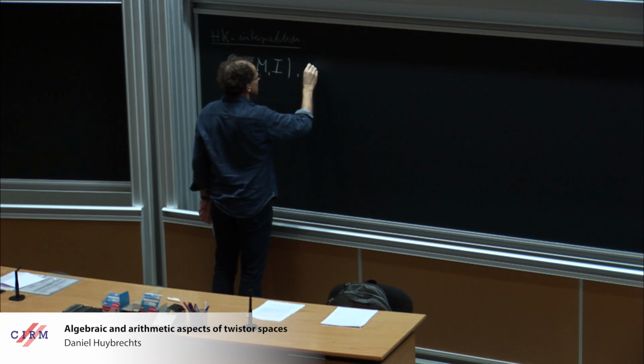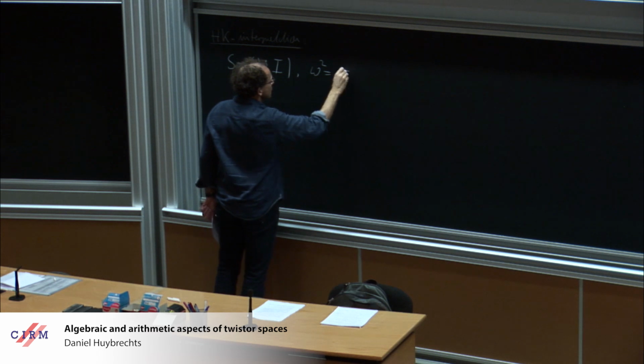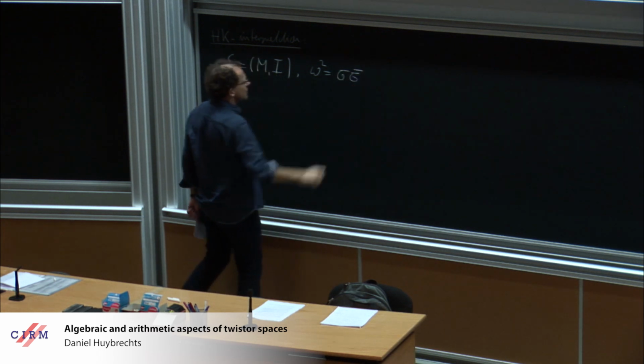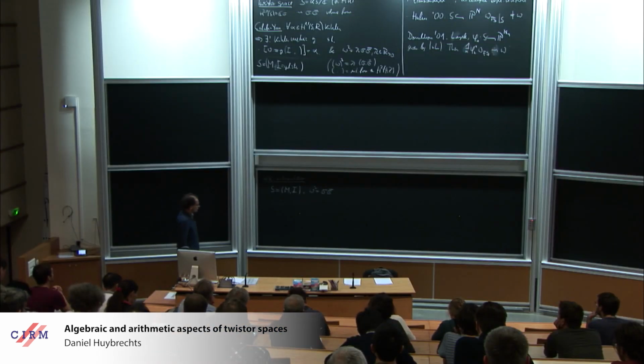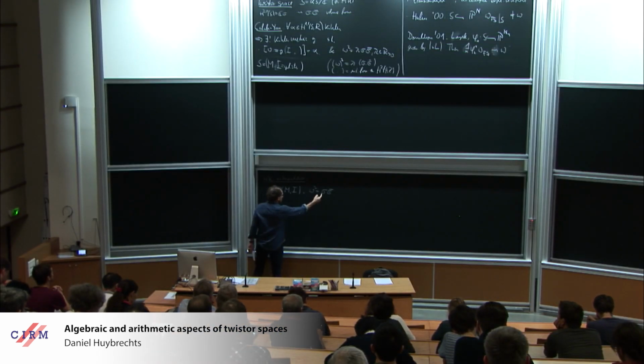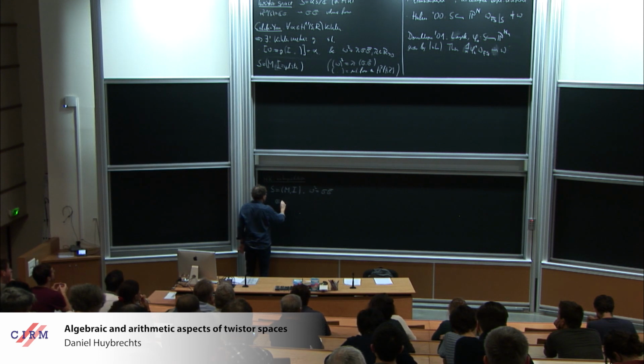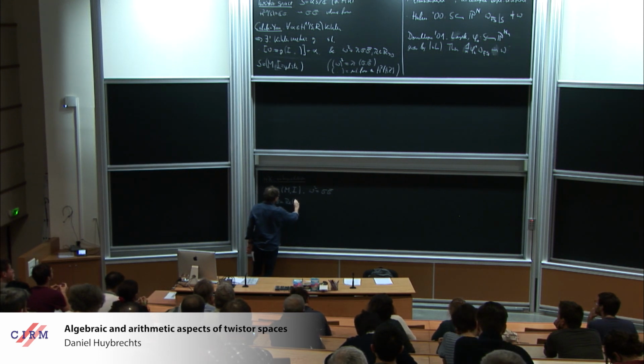And for simplicity, let's assume, we can always achieve this, that our omega square is just sigma times sigma bar. So by rescaling, we can assume the lambda is actually 1. And then we write this sigma, and we decompose it into its real and imaginary part.